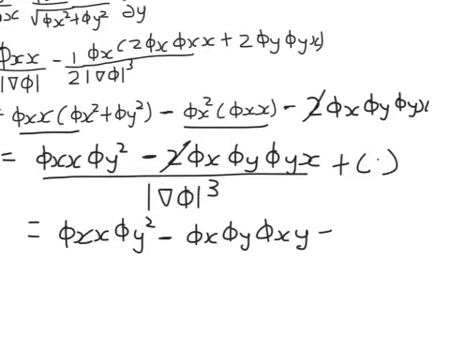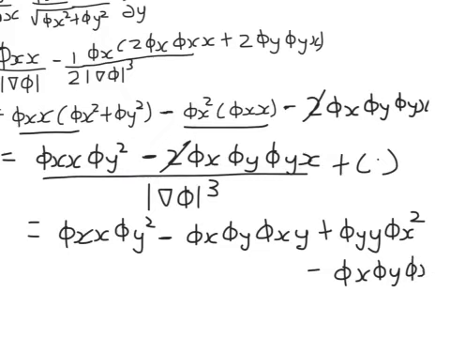And then adding the partial with respect to y term, that would be this, minus phi x phi y phi xy. And now you see where this is going, hopefully.